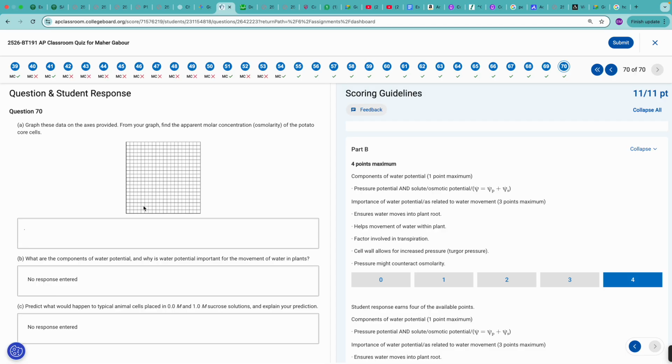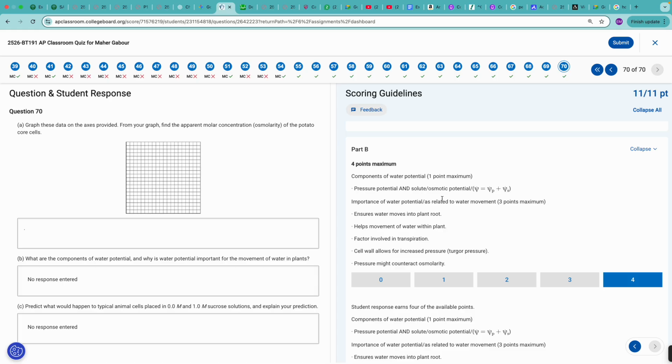This increases the pressure potential, which actually increases your water potential. And the pressure might counteract osmolarity. Yes, it counteracts osmolarity because osmolarity is always negative and pressure potential is always positive. Osmolarity is the same as solute concentration, solute potential. Okay. And that's it. So you can pick 3 of these.